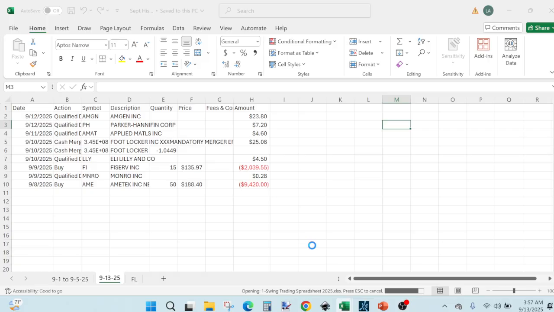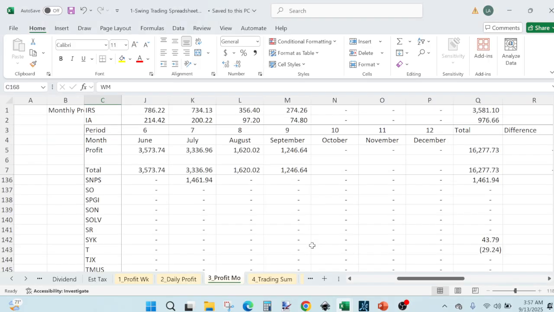Then you calculate the profit by using how much you sold it for minus how much you paid for it, and you estimate your taxes as well.